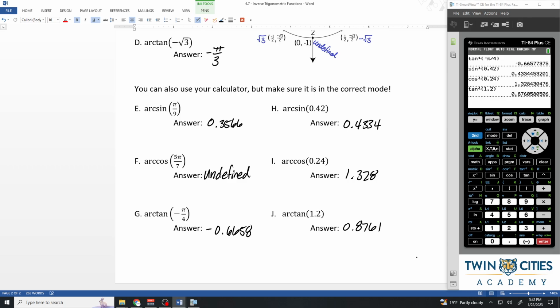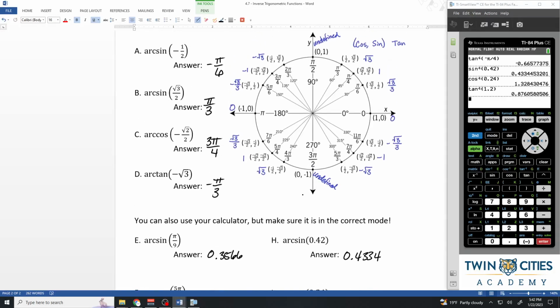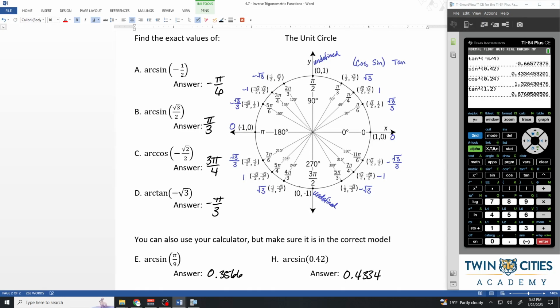Okay, so we can find arcsine, arccosine, arctangent, or sine inverse, cosine inverse, tangent inverse, using a unit circle if it says exactly. Basically you're going to find that cosine, sine, or tangent on the unit circle. Right half if it's arcsine or arctangent, top half if it's arccosine.